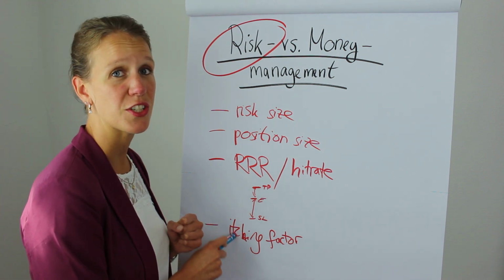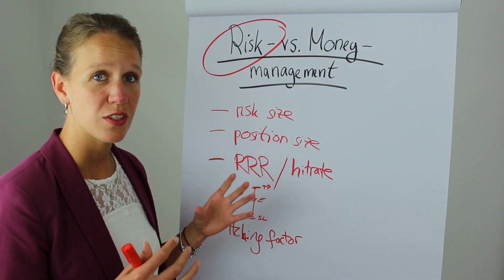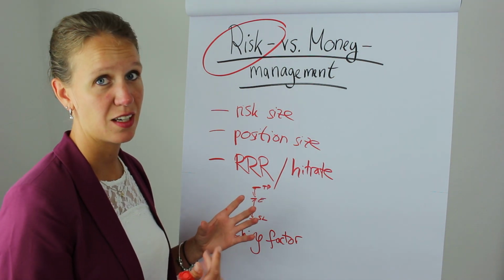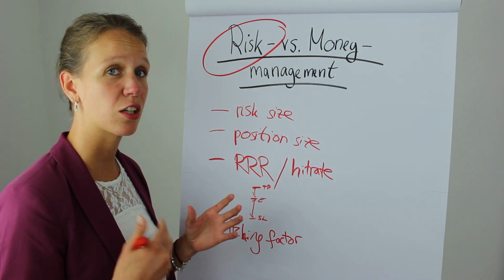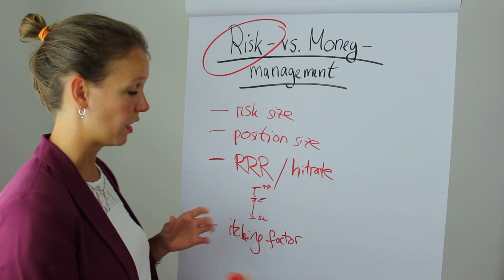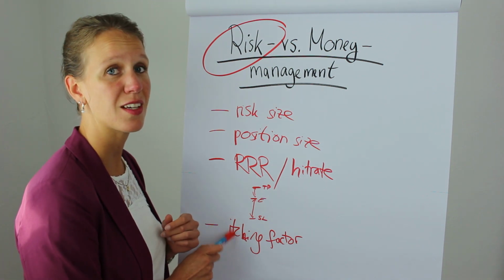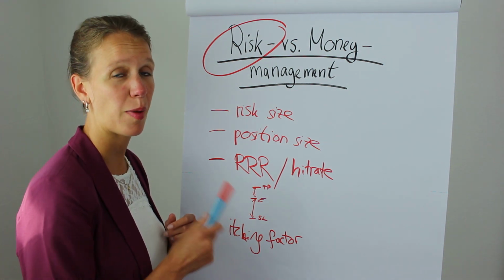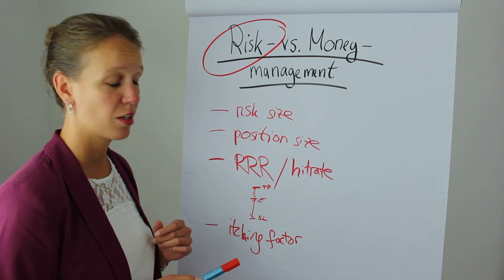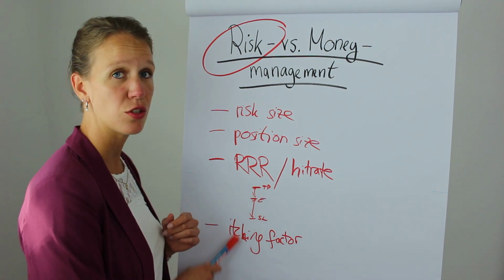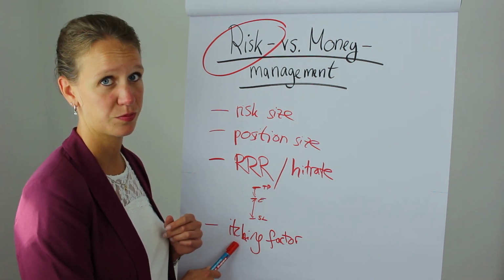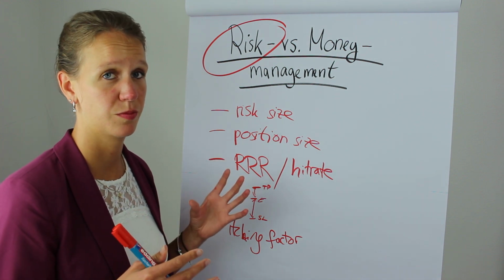Where is your itching factor? Which risk size are you starting to feel uncomfortable with? Are you starting to notice the itching factor? Pay attention to it. Because once you notice your itching factor, you get emotional.